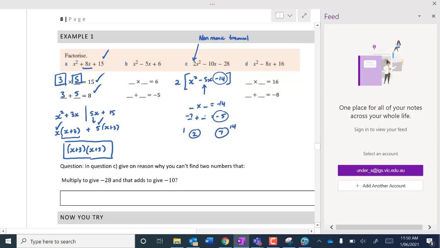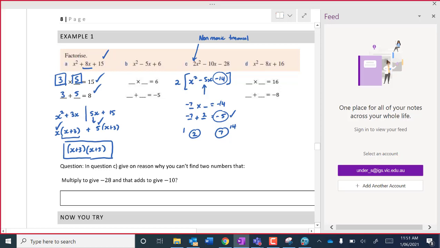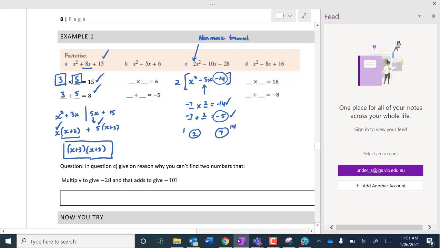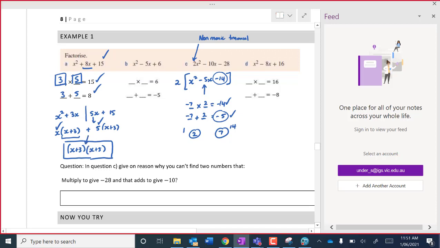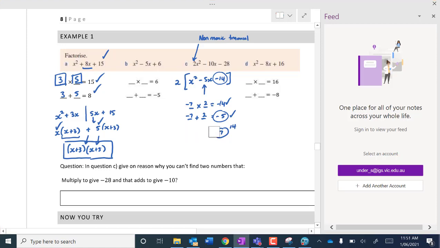Therefore, negative 7 plus 2 is negative 5, and negative 7 times 2 is negative 14. And we can do this the long way forever, but you hopefully can see that there's a big shortcut: if I find those numbers, then we've got x minus 7 and x plus 2.